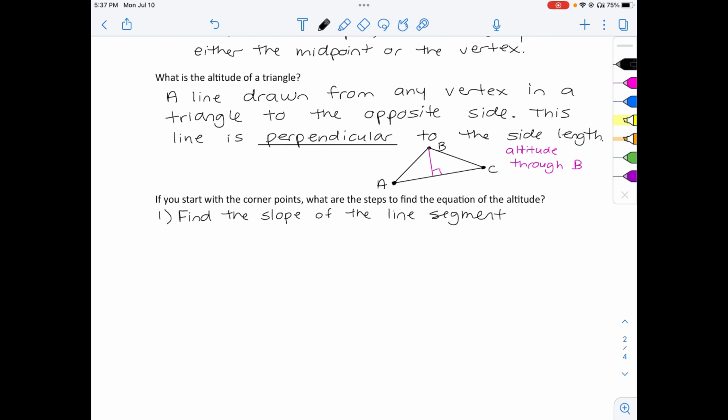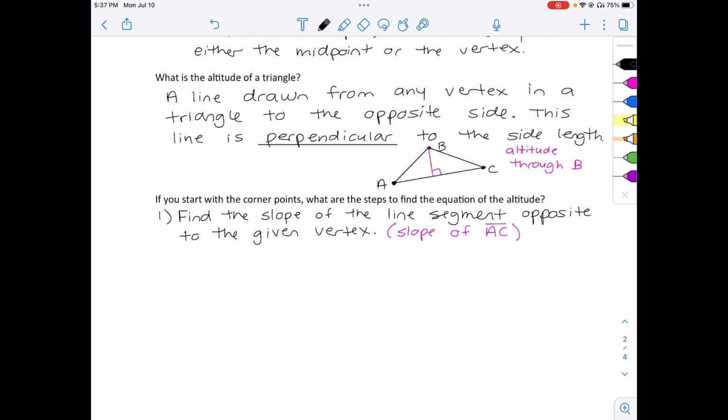So find the slope of the line segment opposite to the given vertex. Okay, so in my specific example here, we would want to find the slope of AC, of that line segment.